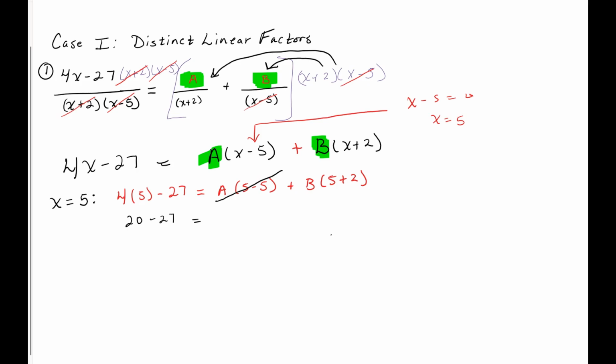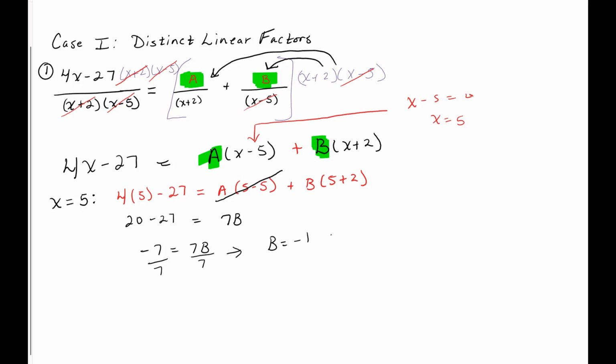And then I get equal to 7b. So I end up with negative 7 equals 7b. And then, of course, you divide both sides by 7, and you get b equals negative 1. We're going to come back to that in just a second.